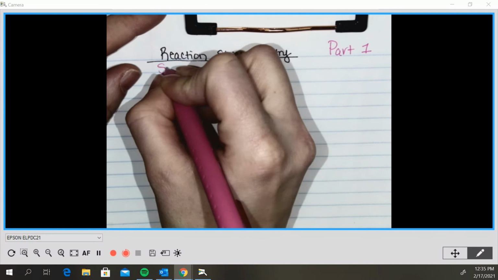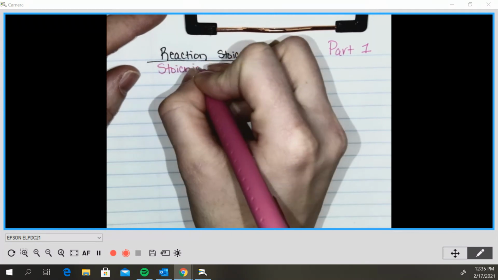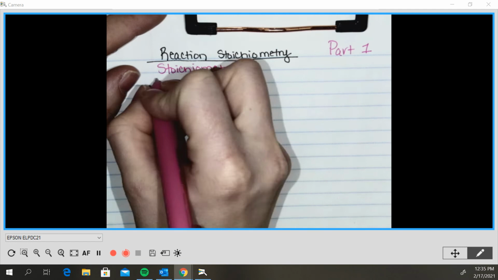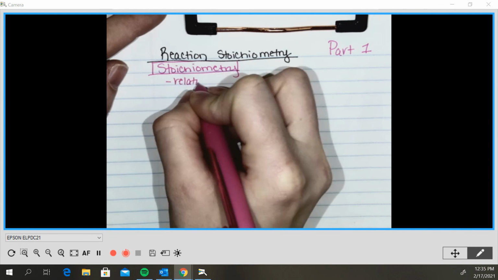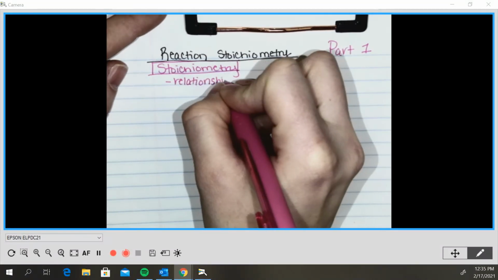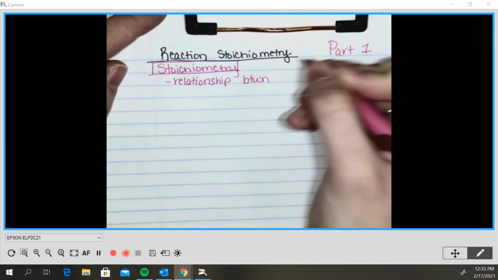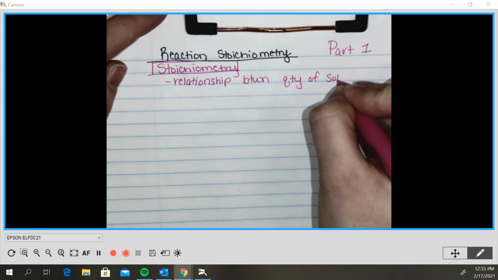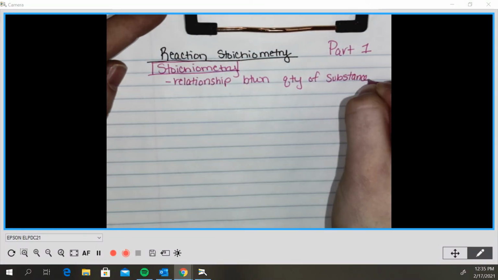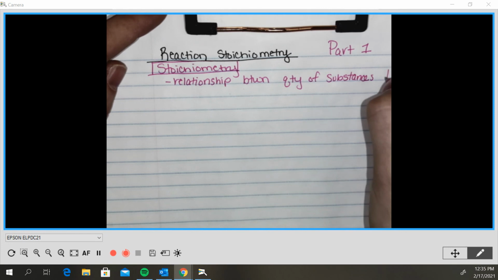All right, so to start off this set of notes, I want to give you guys the best definition of stoichiometry that I can. Stoichiometry is a relationship between the quantity of substances that take part in a chemical reaction.